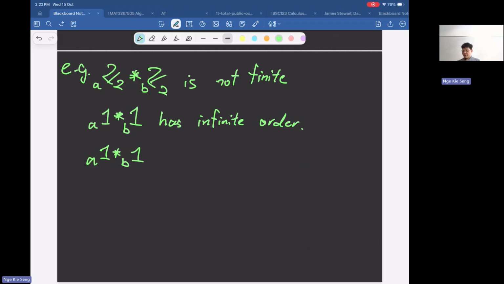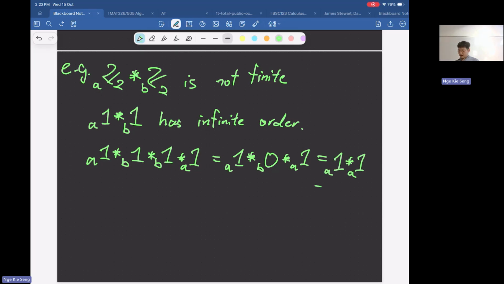And if they are coming from the same group, we should reduce it. For example, this guy should be reduced to, let's say, 0B, but this is not reduced enough. We don't want the identity element, so you will get reduced to this again, and then this one will get reduced to nothing.